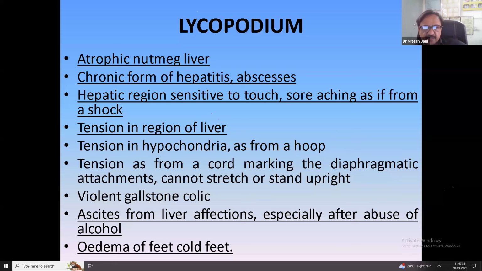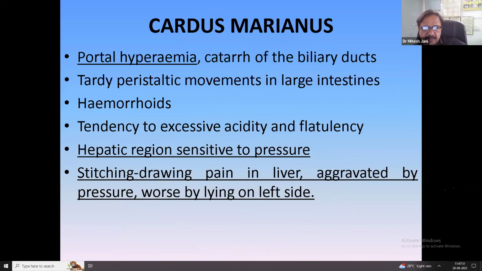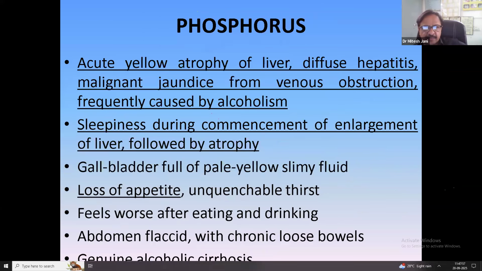Lycopodium typical features: nutmeg liver, hepatic region sensitive to touch, ascites in alcoholic drinkers, tension in the liver region and edema of the feet. Carduus: portal hyperemia, sensitive to pressure. In Phosphorus there is loss of appetite, but the typical symptom is acute atrophy.